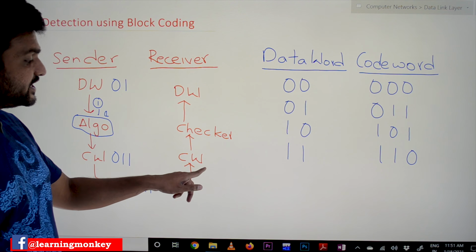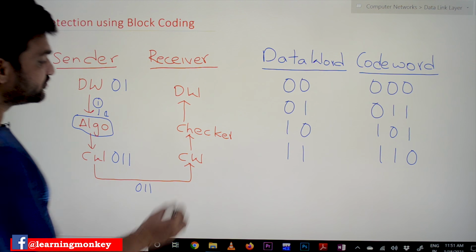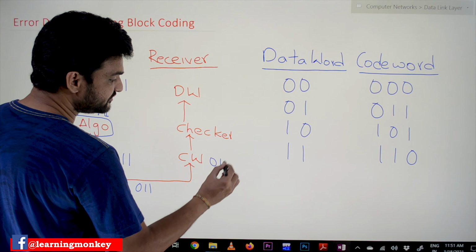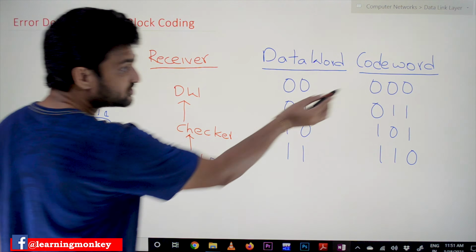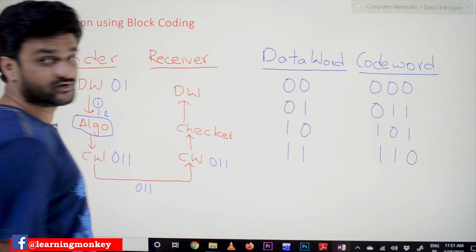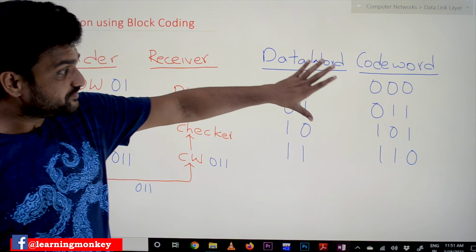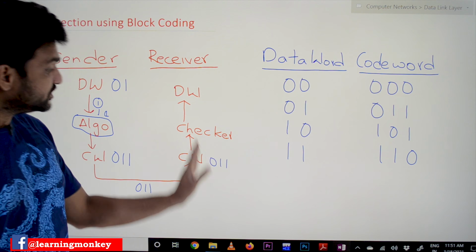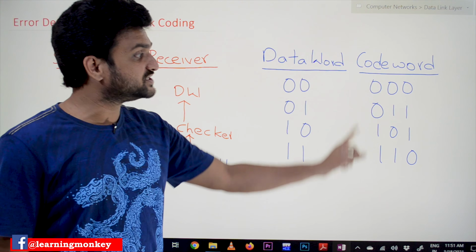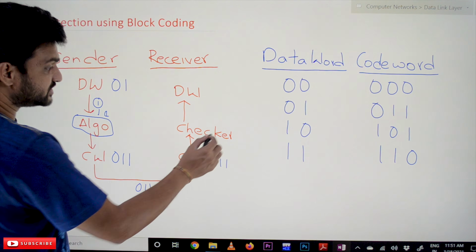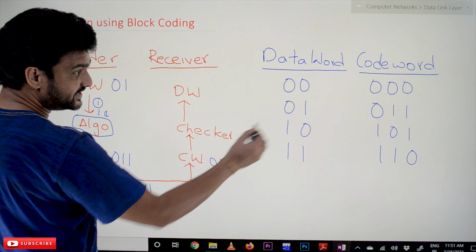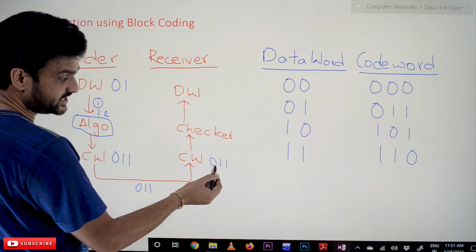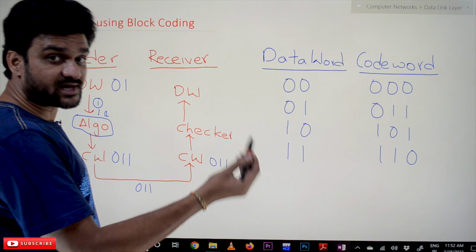At the receiver end, the code word will get received, and this code word is checked against all the valid code words. So it is going to compare with all the valid code words possible for 2-bit data words. The checker validates whether the data that has been received is correct or not.